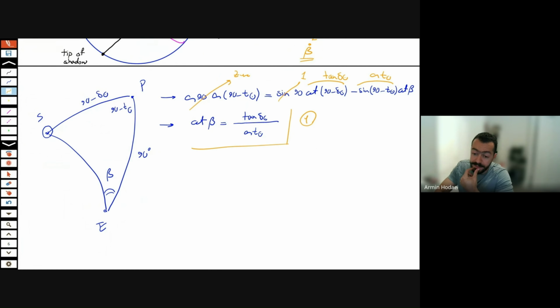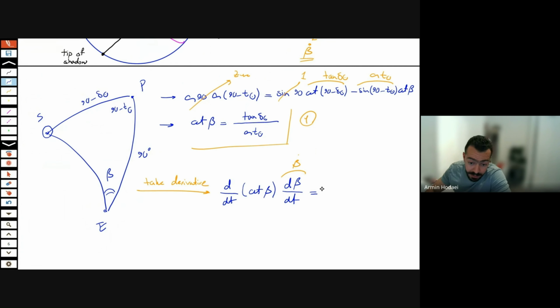Now, if I take the derivative of this one, left-hand side is d/dt of cotan beta, d beta dt. Okay, this is what I'm looking for, right? Beta dot, I got it.